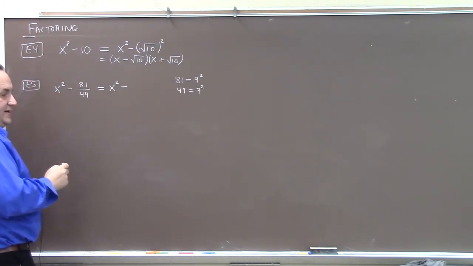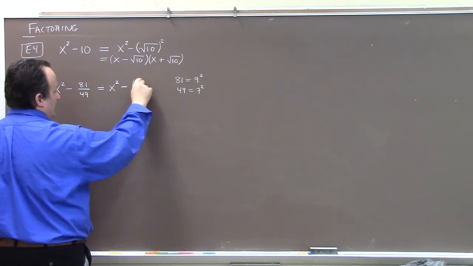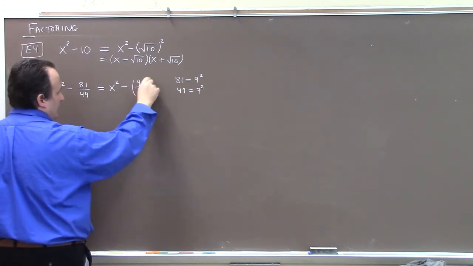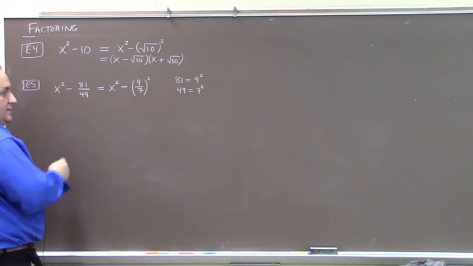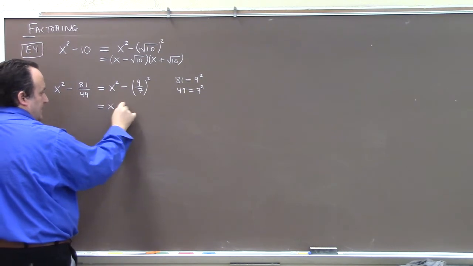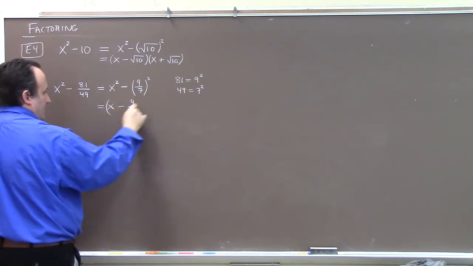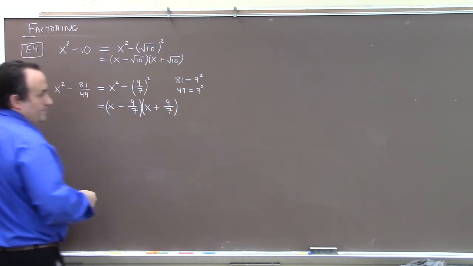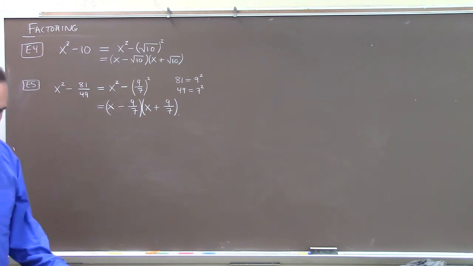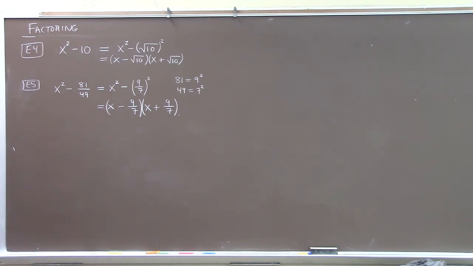So 81 over 49 is 9/7 squared, right? And so this is equal to x minus 9/7 times x plus 9/7. Does that seem reasonable? Okay.